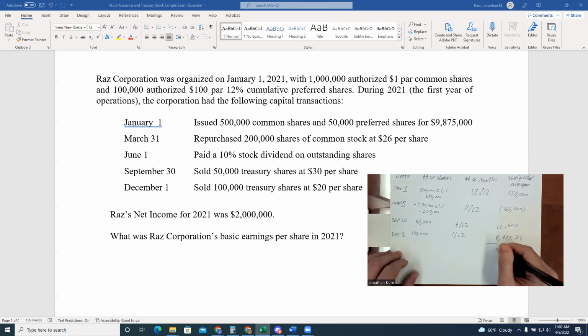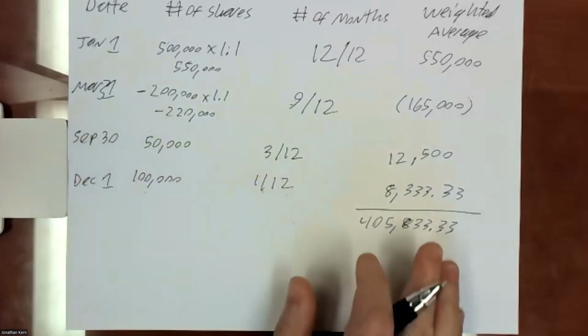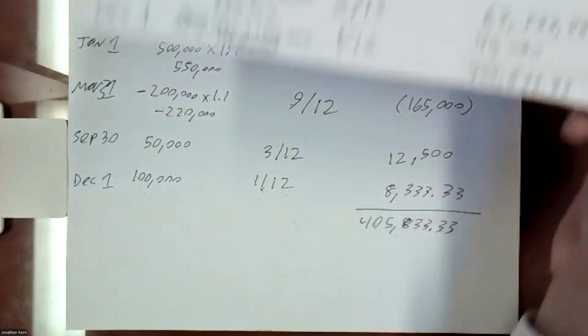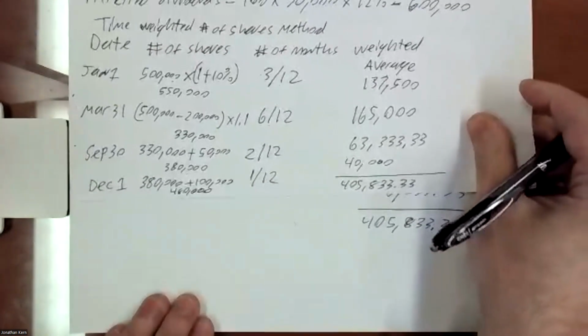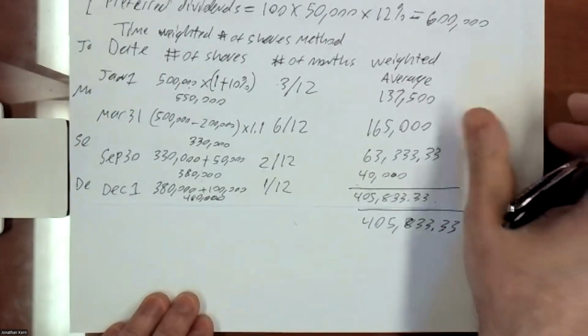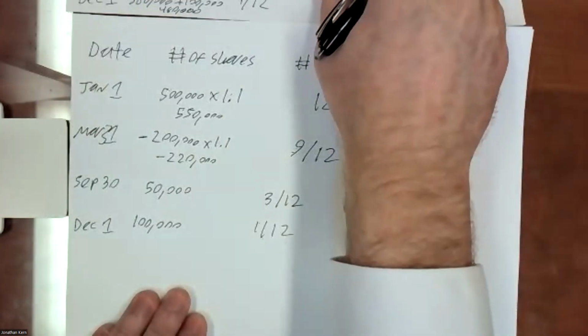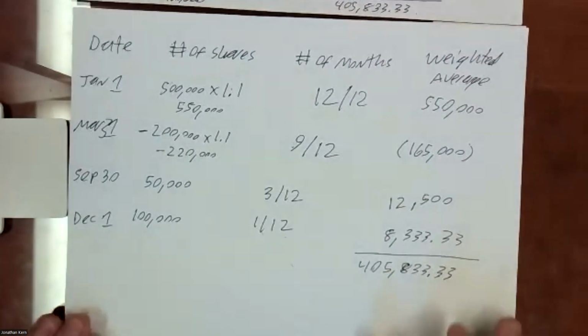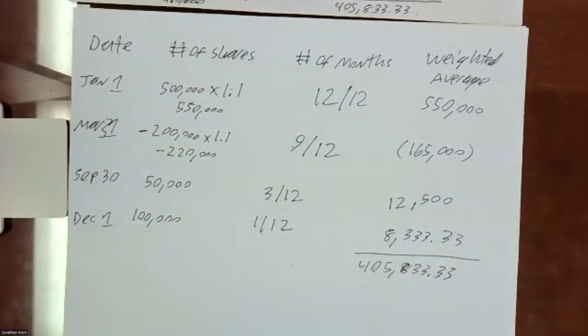Then if we sum those up, we get the same answer. We get 405,833.33 shares. So you can see in both methods, we get the same number of shares. So you can use either approach to calculating the weighted average number of shares.